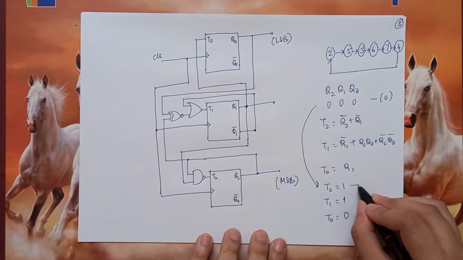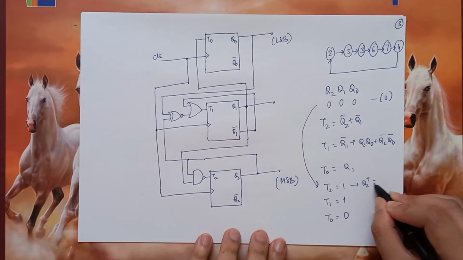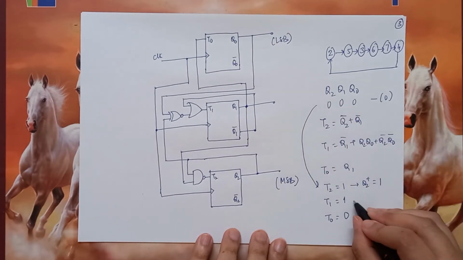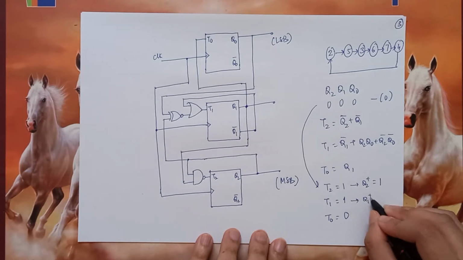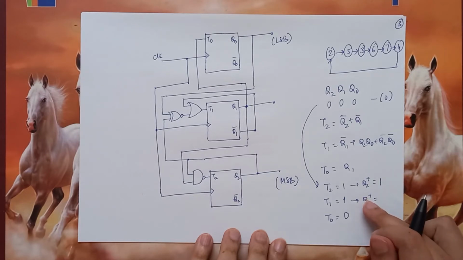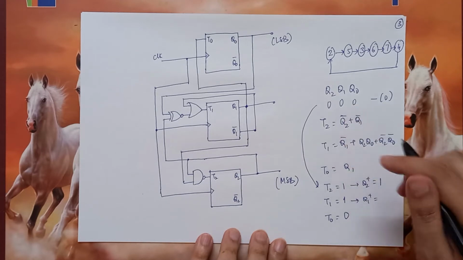So therefore, Q2 plus will be the opposite of Q2, that is 1. Q1 plus will be the opposite of Q1, that is 1.